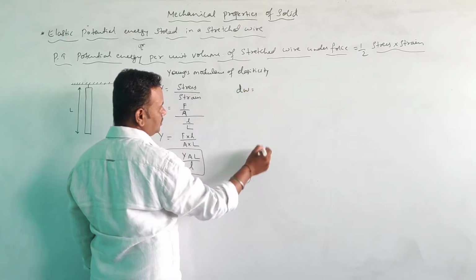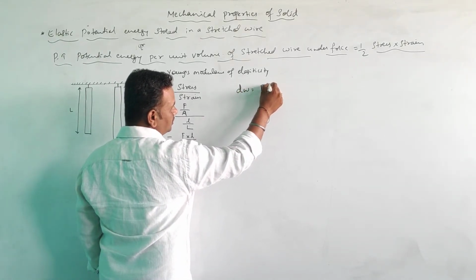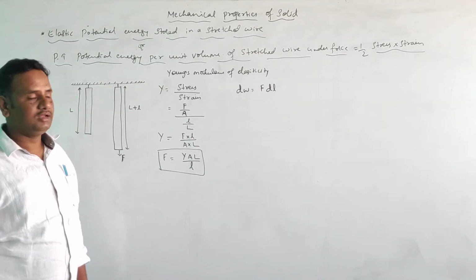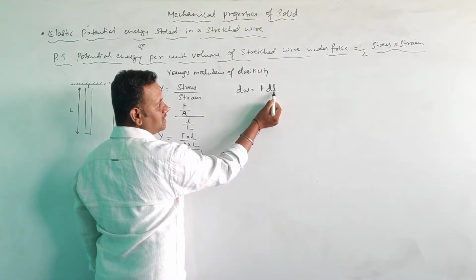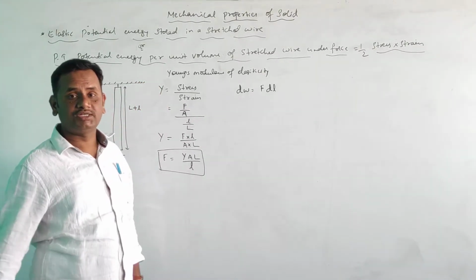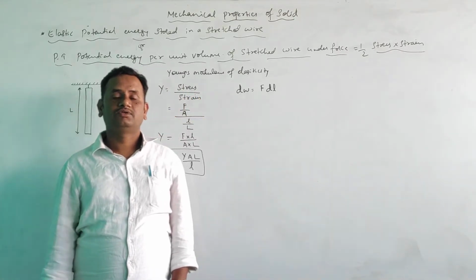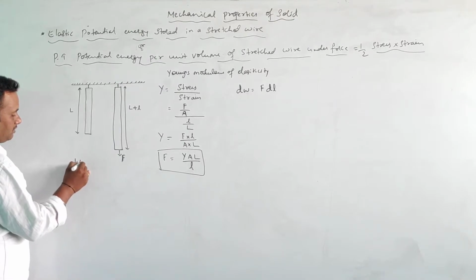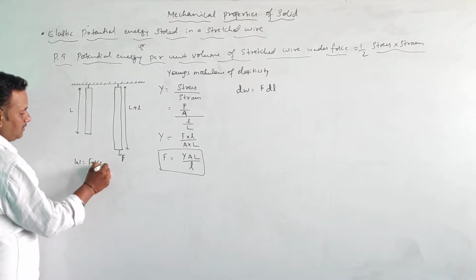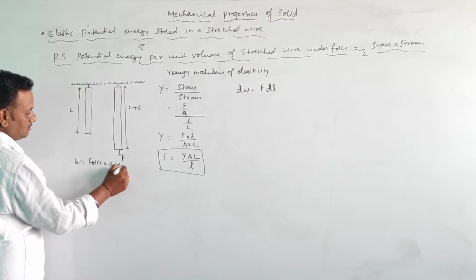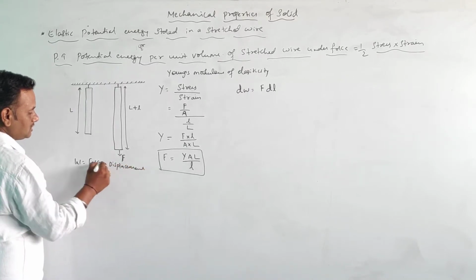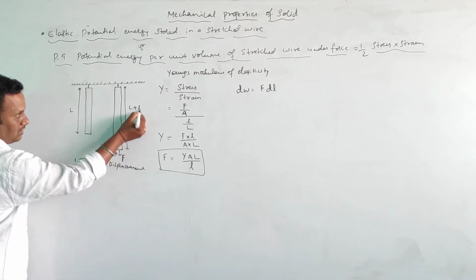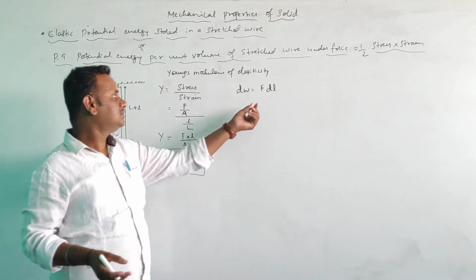That small amount of work is dW equal to force into small change in the length, that is dl. So force into displacement. As we know from the definition, work done is always equal to force into displacement. This is the force acting here, and displacement means the change in length.